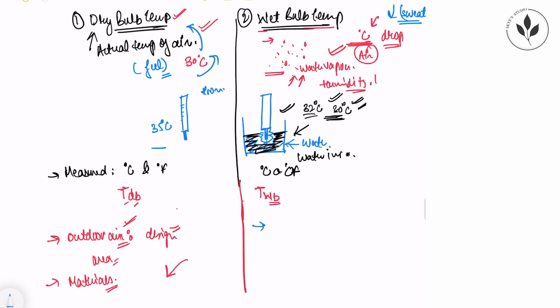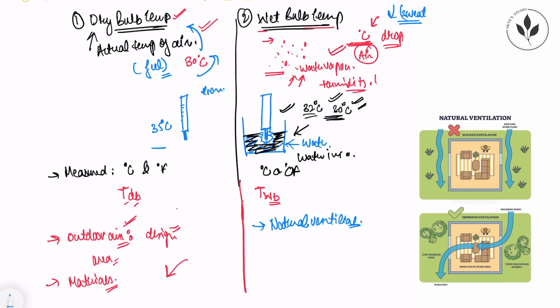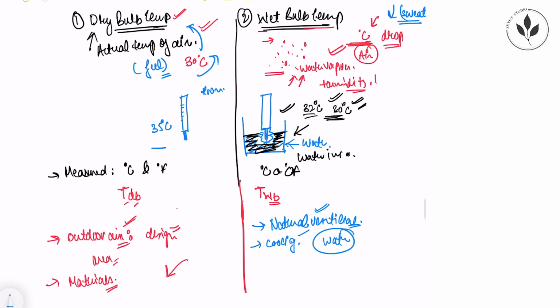And as far as wet bulb temperature is concerned, it can give us solutions for natural ventilation potential in a particular building, so that we can have proper air inside the building and take the stale air outside. It also helps with passive cooling techniques: if we already know the minimum drop we can get by putting up water bodies in that area, since wet bulb temperature will help us identify how much I can drop my temperature.